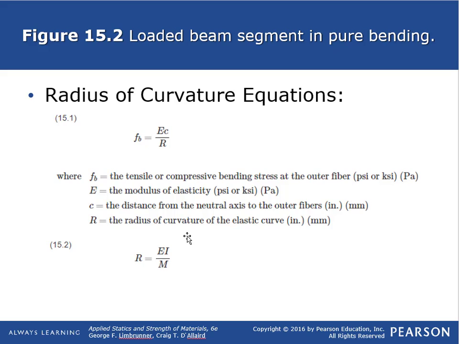We can rearrange that equation to solve for R, and what we have is EI over M. So the radius of curvature is a function of the moment at that point. Again, this applies at a point on the beam. So there's our first two equations for this chapter.